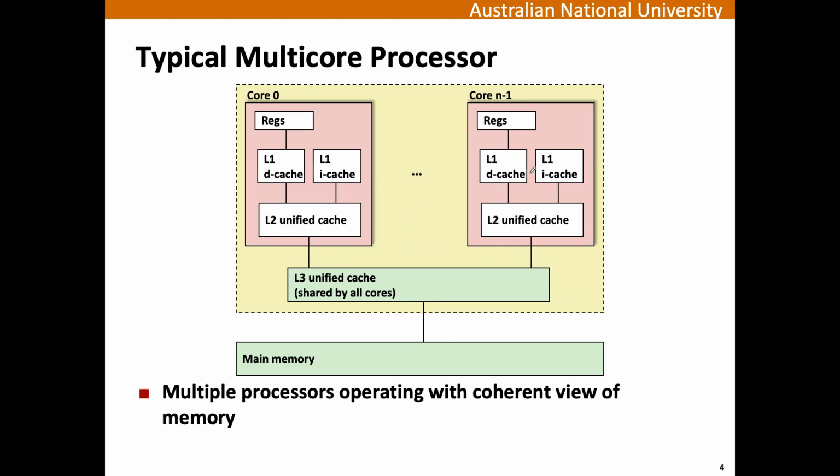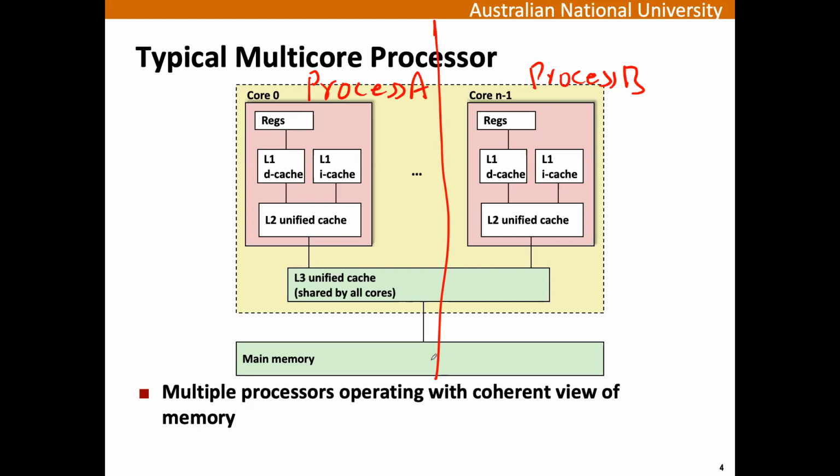This multi-core processor can run multiple processes, where each process has its own virtual address space. So core 0 can run an independent process, and core 1 can run an independent process. This is the predominant model in the cloud, where you have multiple users, all running independent processes, and each process has its private virtual address space.